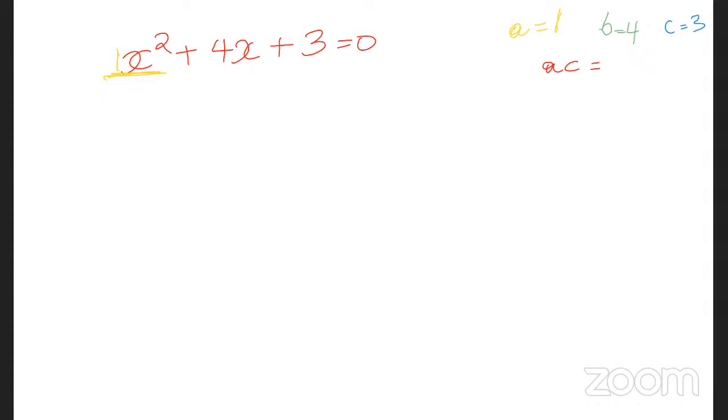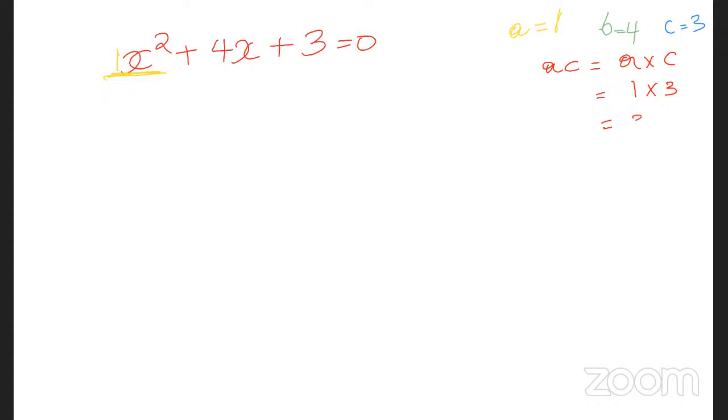What AC means is A times C. What AC means, Sachin? A times C. So what's the value of A? 1. What's the value of C? 3. So what is the value of AC?